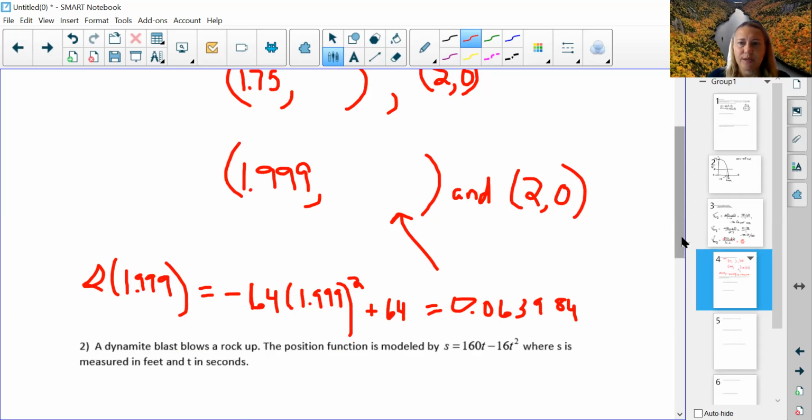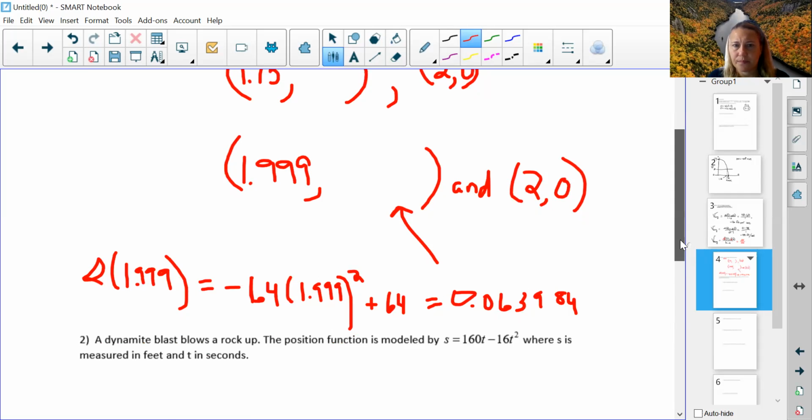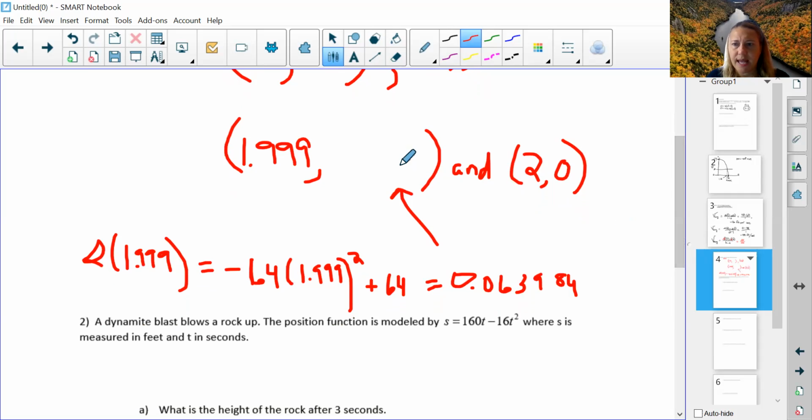Then I'm going to use my formula, which I wrote over here.